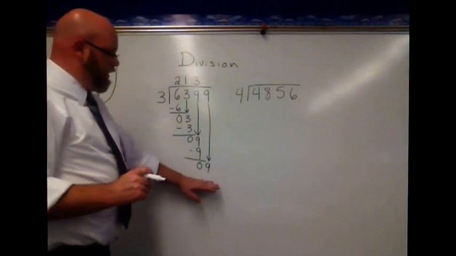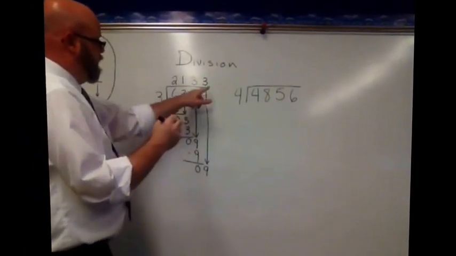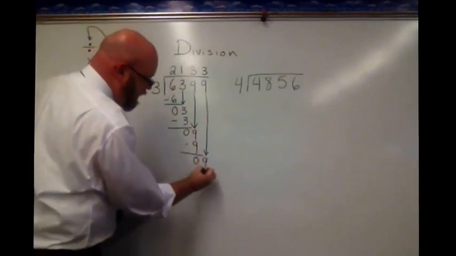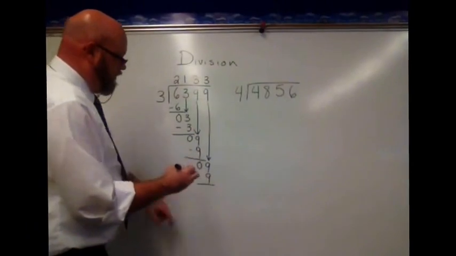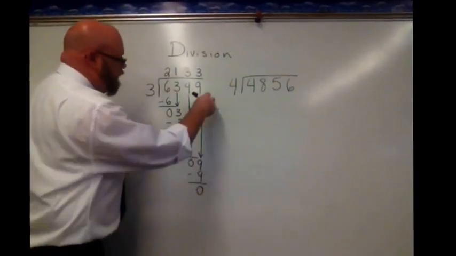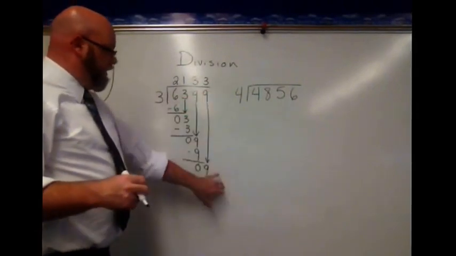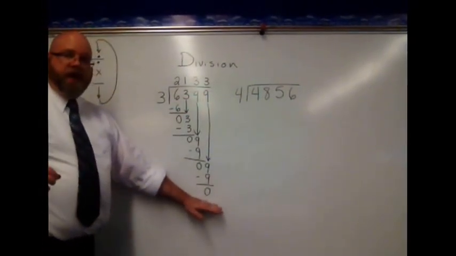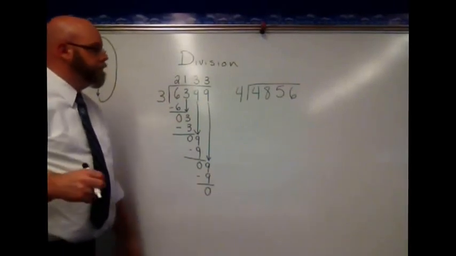I have once again 9 divided by 3. That's my division step. That's 3. 3 times 3 is 9. There I've multiplied. I subtract. 9 minus 9 is 0. And then I bring down. But there's nothing here to bring down. So once I've run out of things to bring down, and if I have a remainder of 0, then I know the problem is finished.